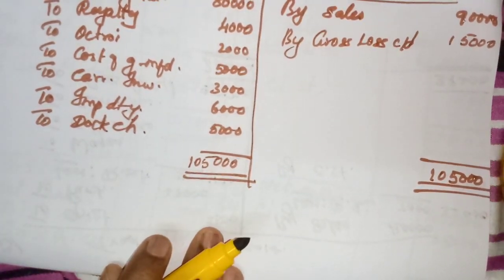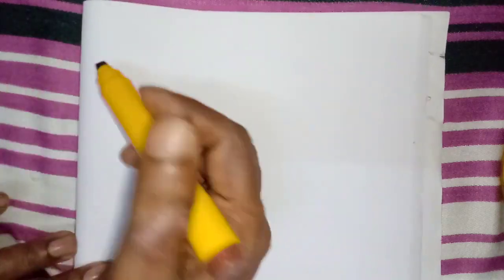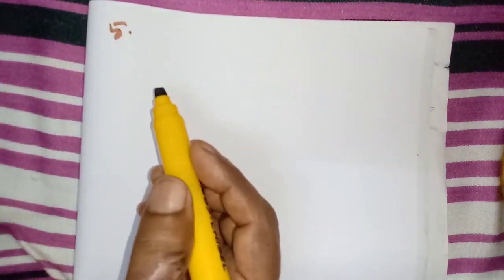Now, next one, number 5. Compute cost of goods sold from the following information. Okay, here, fifth one. Computation of cost of goods sold.